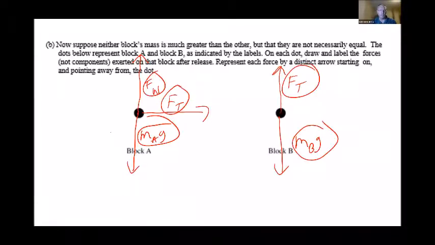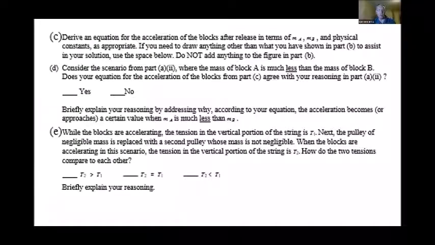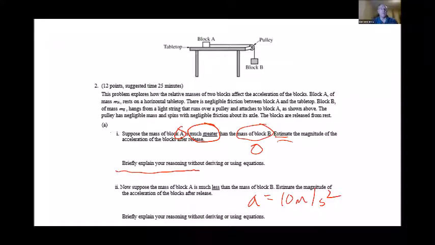So I'm trying to derive an equation for the acceleration of the blocks in terms of the mass of A, the mass of B, and physical constants. I'm going to work this one very much the same way I worked the very first problem. I'm going to work it in terms of the system, and I'm going to say the net force acting on this system is equal to the mass of this system times the acceleration of this system.